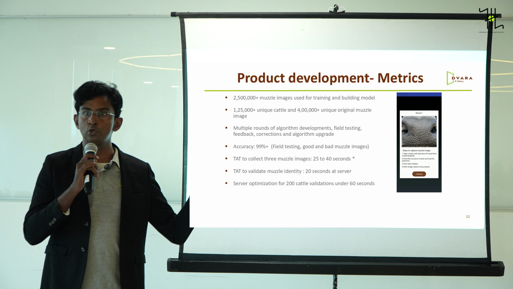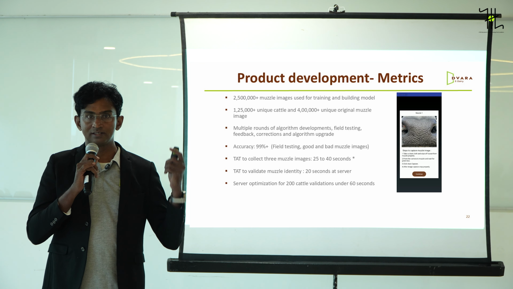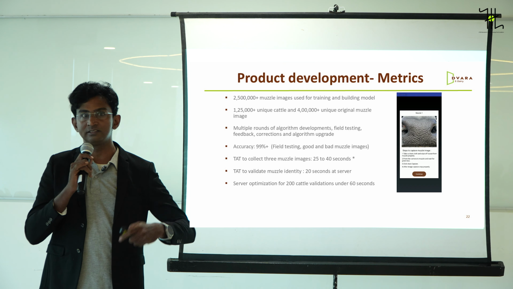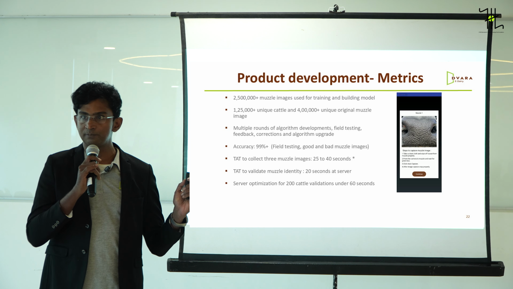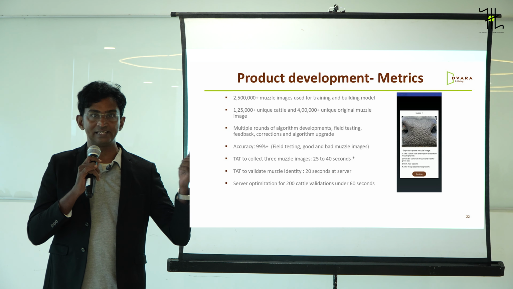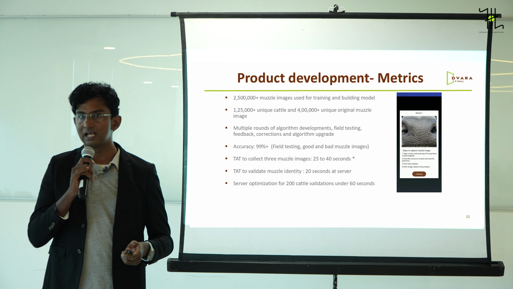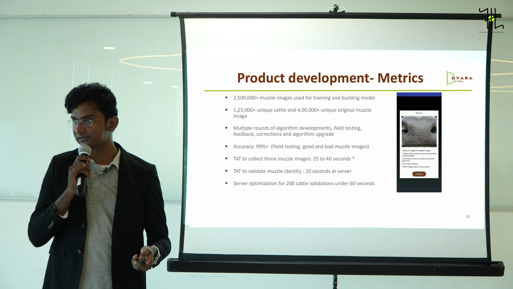But because there is no unique identity that is tamper-proof, cattle is not considered as an asset and the farmers cannot leverage it. Now with the unique identity using muzzle and the technology to identify the cattle, it can essentially become an asset class and the financial inclusion can happen via this asset class, right?